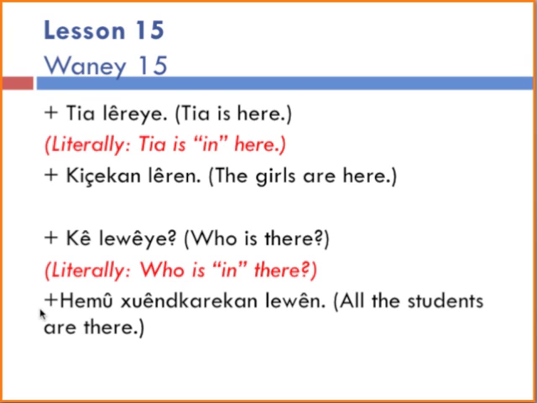And the second example for lewe is: all the students are there. Khwendkarakan is the students. Again, an is the plural. All the students are there. Again, we're saying all the students are in there in Kurdish.